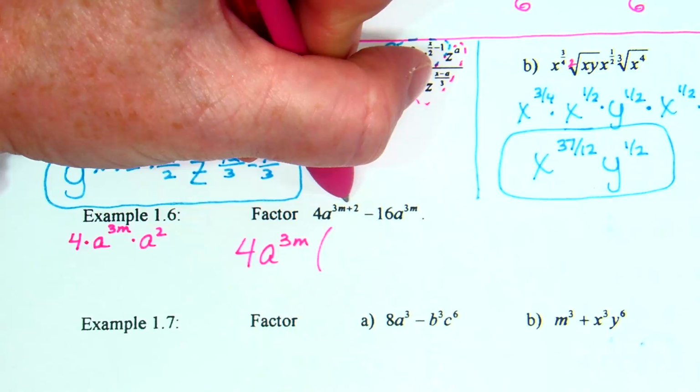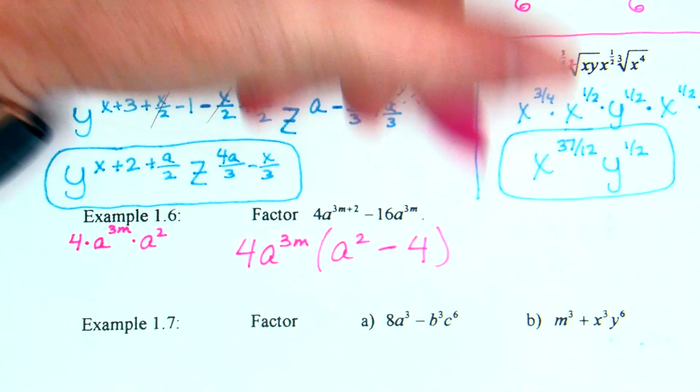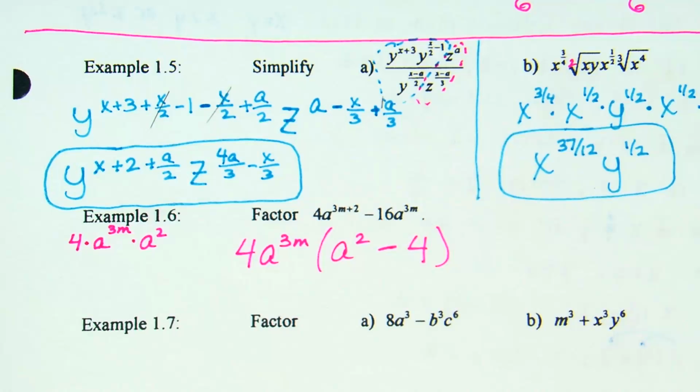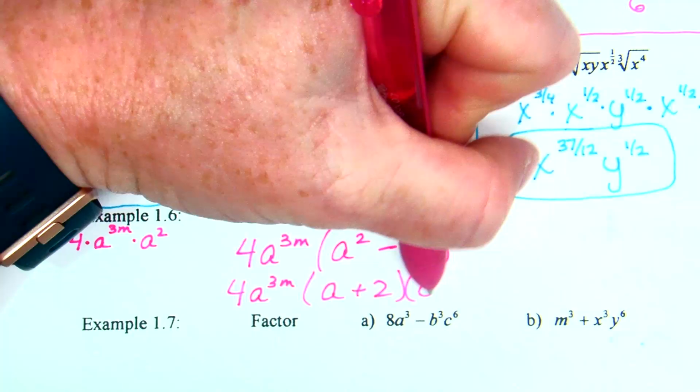A to the 3m is gone. 16 divided by 4 is 4. Okay, guys, algebra 1, big and bold. How do you factor a squared minus 4? It's a plus 2 and a minus 2.